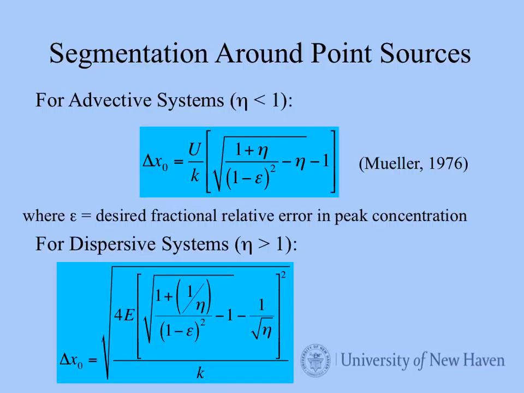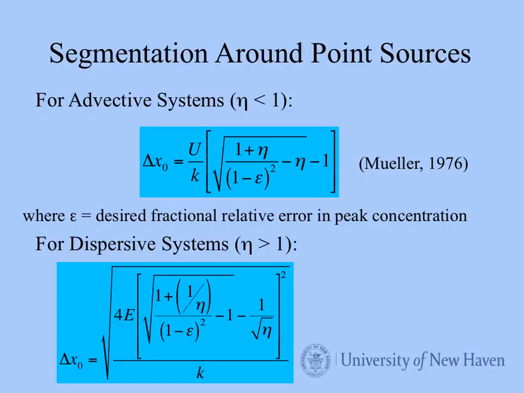And so some care should be spent in choosing what the size of the segment would be surrounding the point source itself, and then the segmentation expanding out from that point, right, adjacent to the segment into which your point source is going.